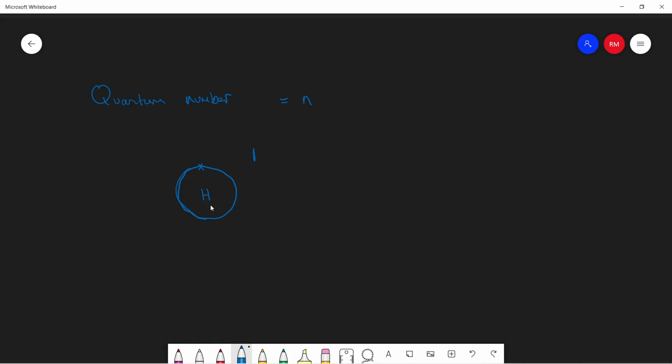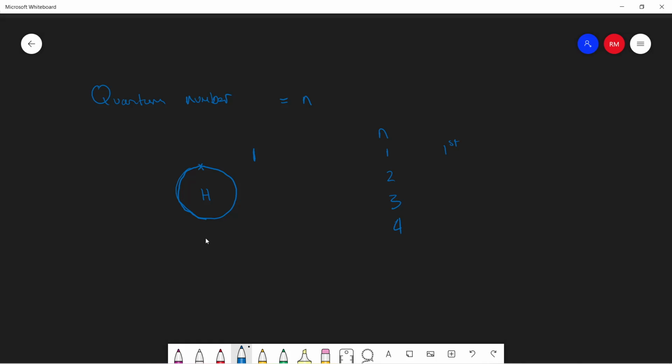Each shell is given its number. For example, shell 1 is n equals 1, shell 2 is 2, shell 3 is 3, shell 4 is 4. And so we can say here that for n, this is shell 1, 2, 3, 4.